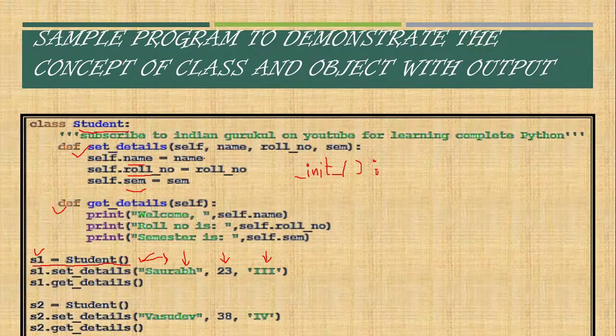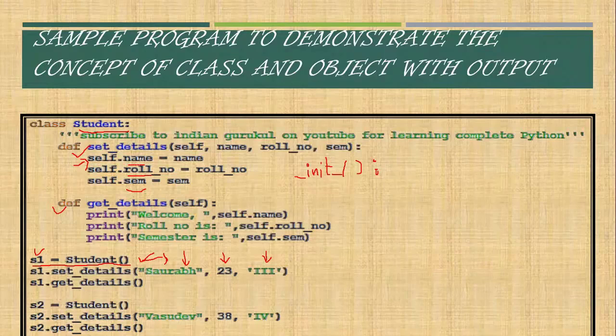When this method is called, this definition will be executed, that is the set details method, and this self dot name is the instance variable. The instance variables are the variables which belong to some particular instance or some particular object, we can say.